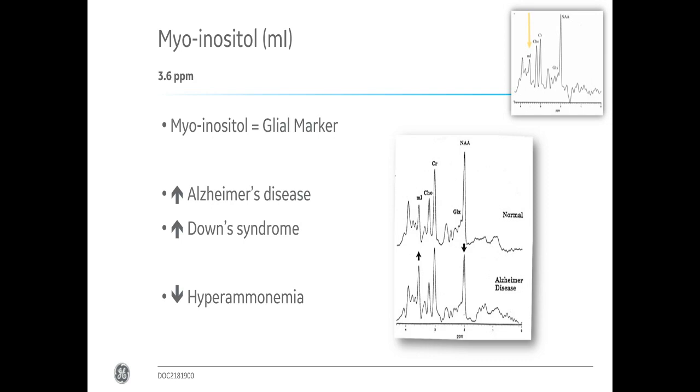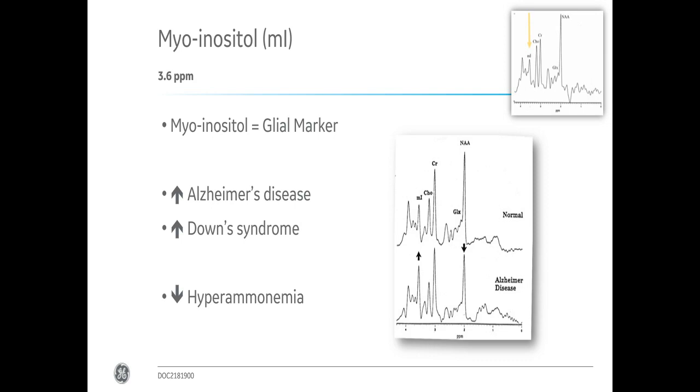But it is not just a glial marker. It's also a marker for other processes in the brain, as it is a sugar that is metabolized in a number of different diseases and also an osmolyte.